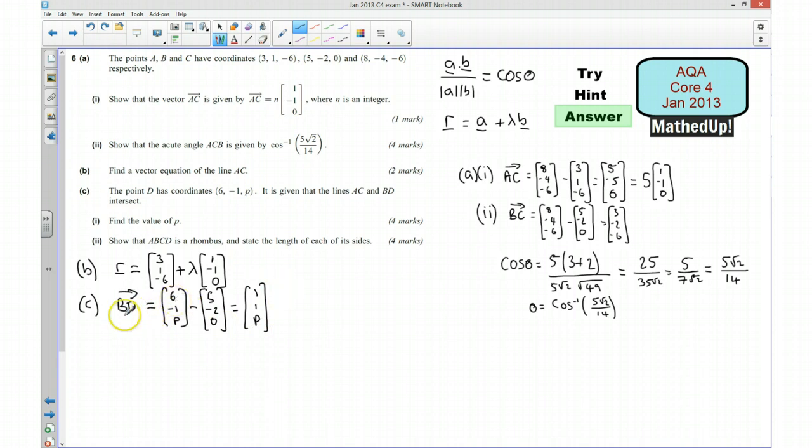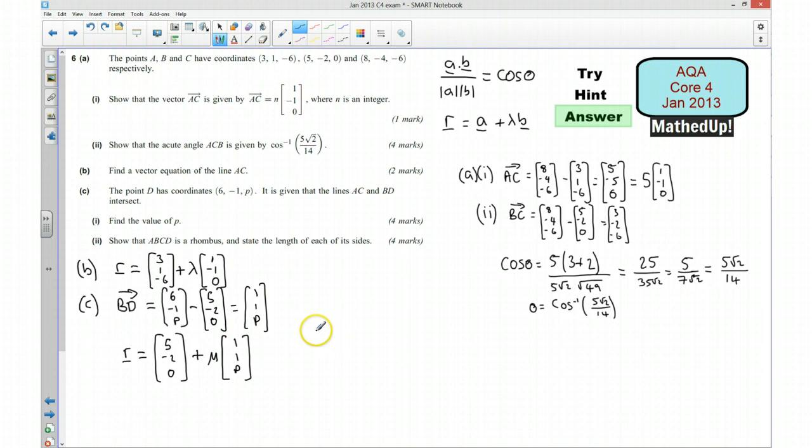So now, to write down the vector equation of this, I can say, well, any general point on the line BD is going to be equal to a point that it passes through. Well, I know that it passes through 5, negative 2, 0, plus a multiple, and I'm going to use mu this time instead of lambda, so mu times the direction that it's going in, 1, 1, p.